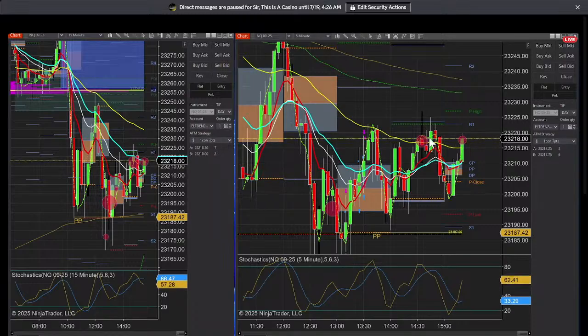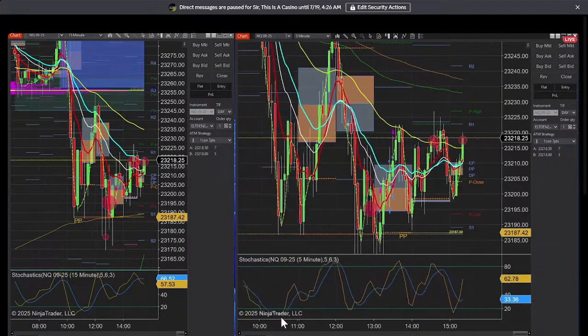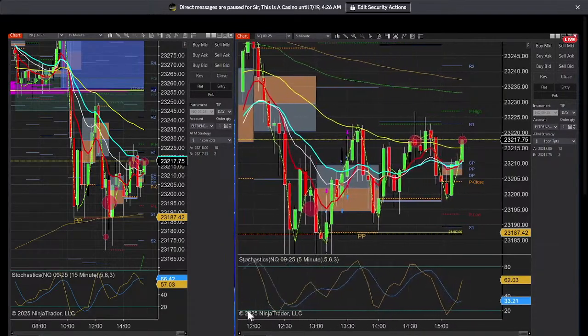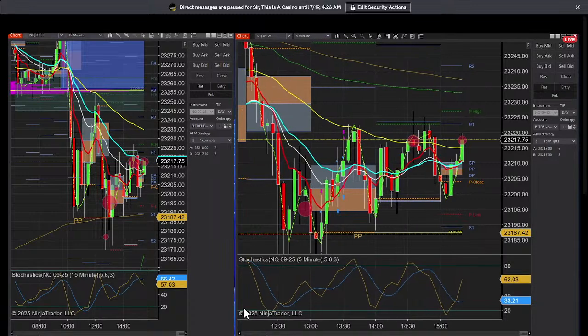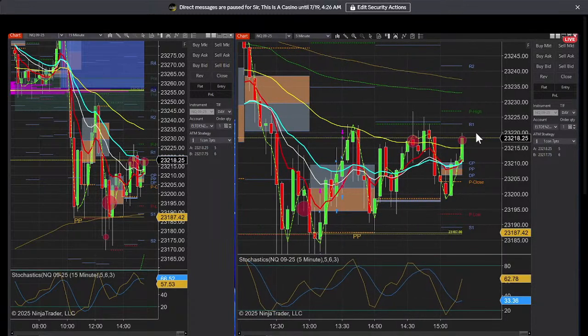Now I start looking at levels. How many times do we get rejected up here? Now these are volume something or others. They're not bubbles, but it's similar to Bookmap.